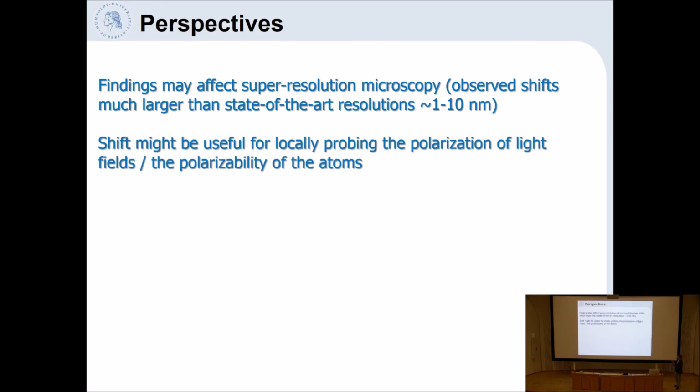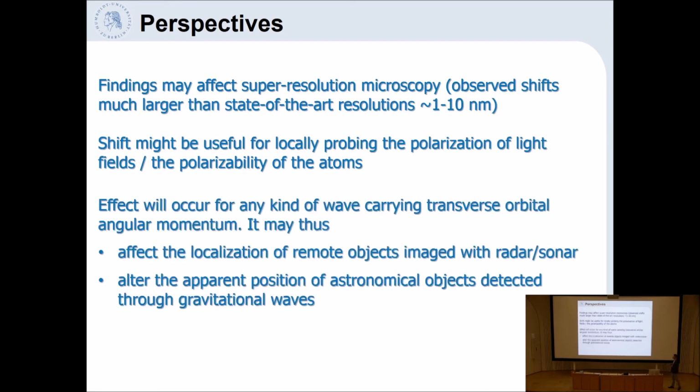The shift may also be useful if you want to locally probe the polarization of a light field or the polarizability of the atoms. And finally, I would like to stress that the effect that I showed here is not limited to optics. It actually occurs for any kind of wave that carries transverse orbital angular momentum.